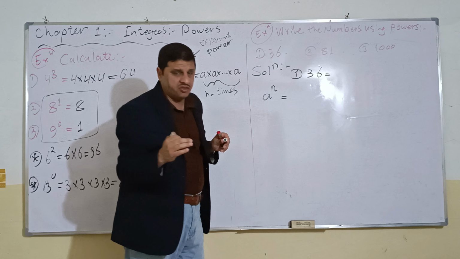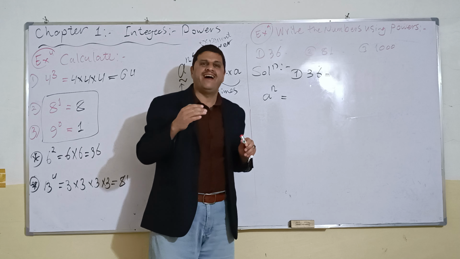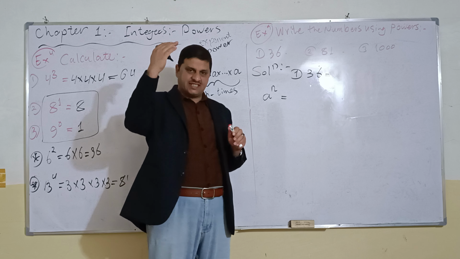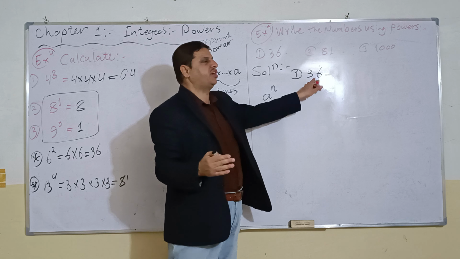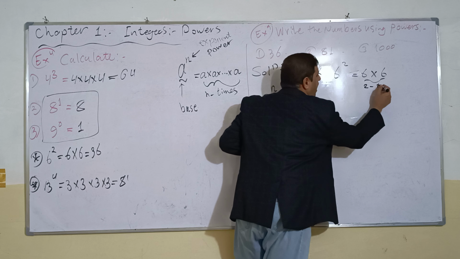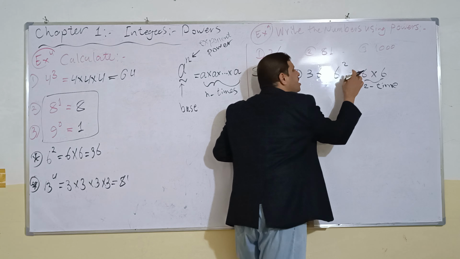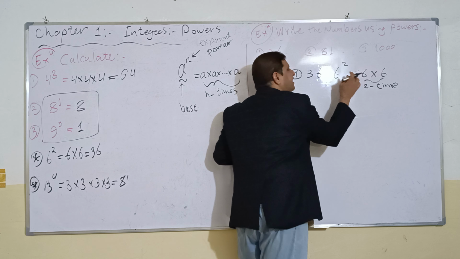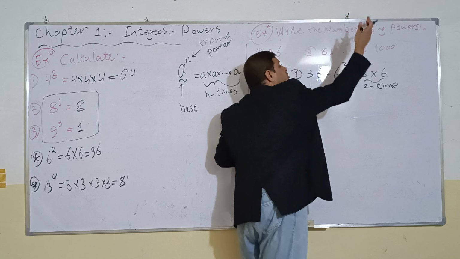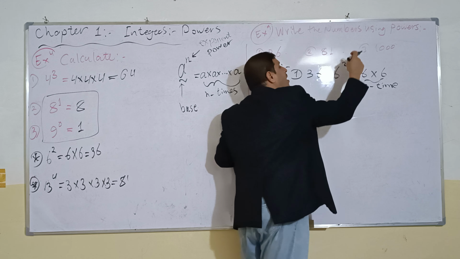I mean, there is a number I will multiply by itself many times to get 36. It is 6, 6 squared, because 36 equals 6 times 6, two times. Thus, I will take one 6 to the power 2, 6 squared.